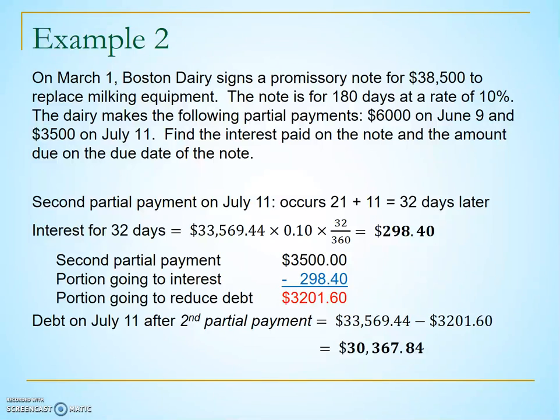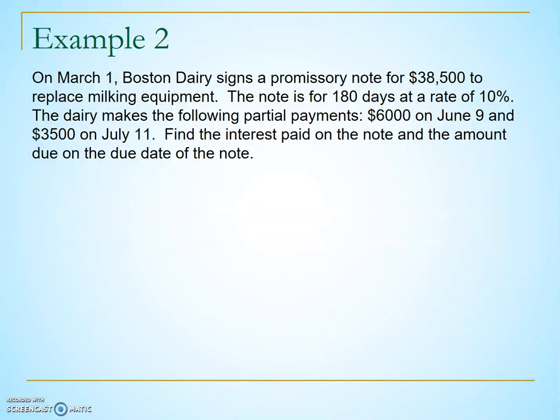Since there are no more partial payments, we can now calculate the amount due at maturity. There are 48 days remaining on the note, the 180-day note minus 100 days between the start and the first payment, minus 32 days between the first and second payment.